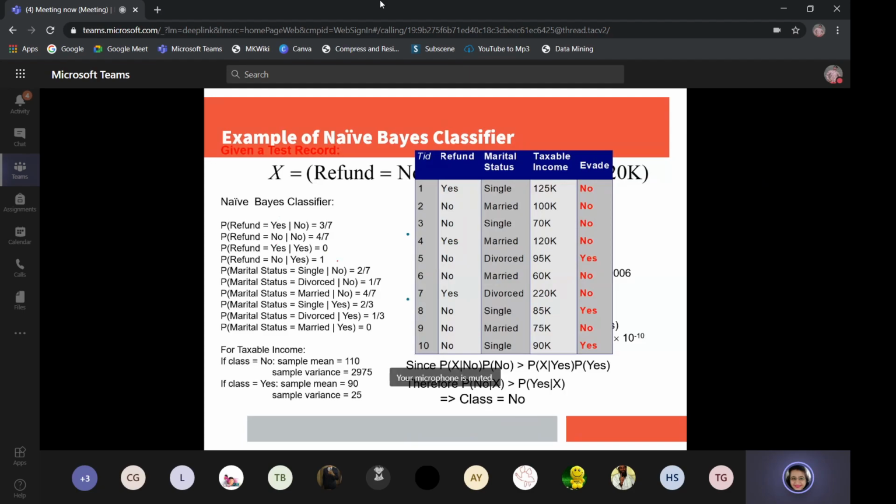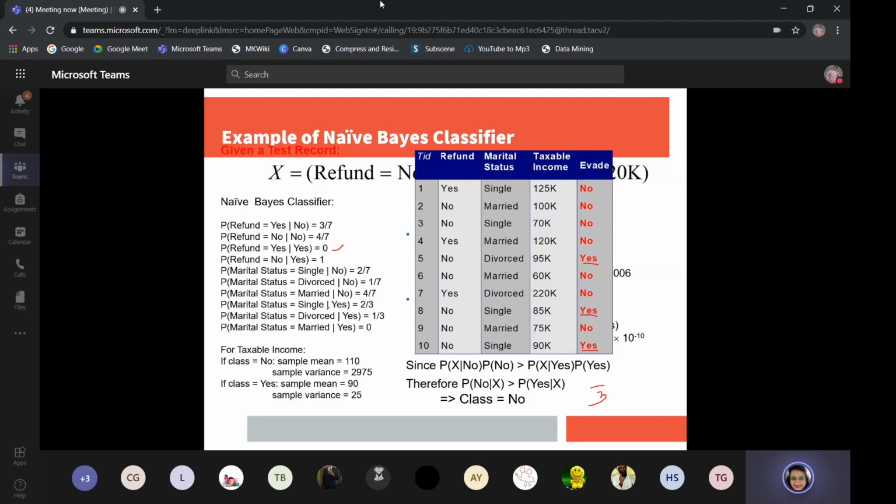Given the class is yes, how many records are yes? 1, 2, and 3. So out of 3, the refund is yes for none: this is a no, this is a no, and this is a no. So this is 0.